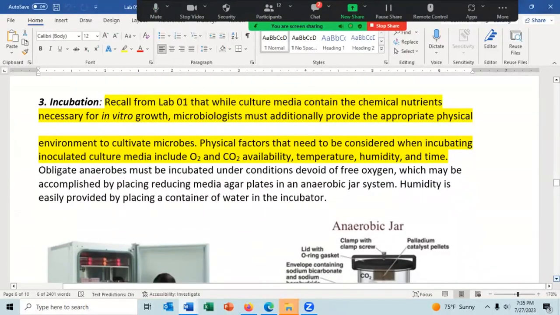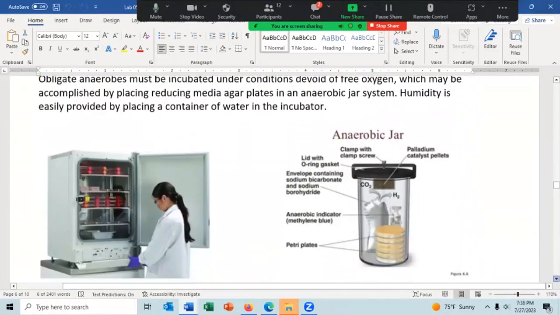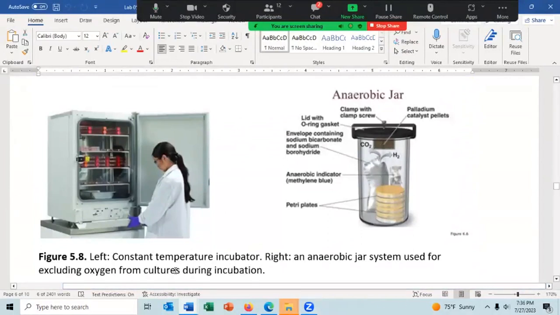All right. Incubation is growing the culture in an environment suitable for the culture to grow. Our incubators are pretty simple. All they do is heat the culture to either 30, 35, or 37 degrees, depending on the incubator.